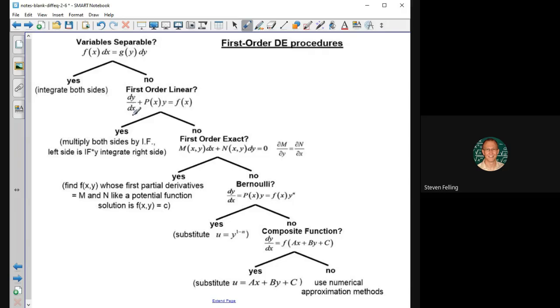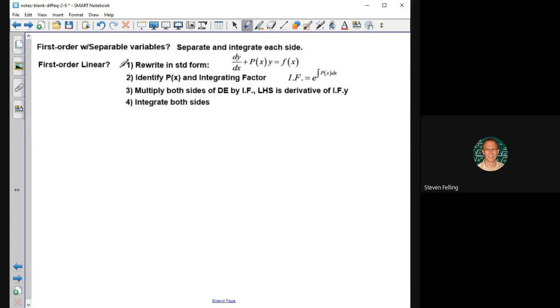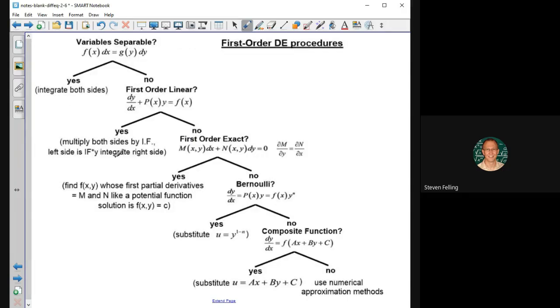Which means dy/dx plus some function of x only, p, times y equals f of x. If you can write that, then you can use the p of x to find an integrating factor, and the specifics for that are listed back here. So you use an integrating factor and then integrate both sides, okay?